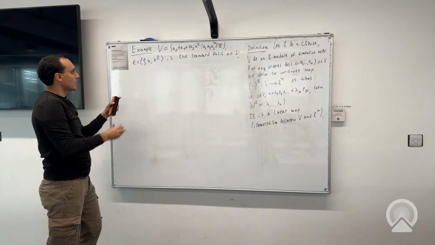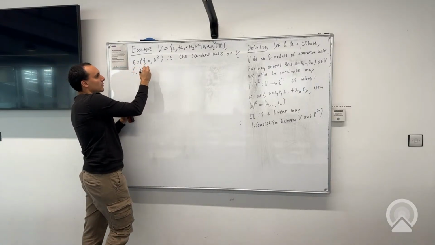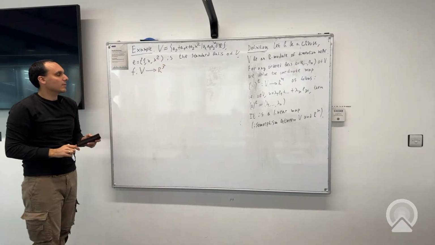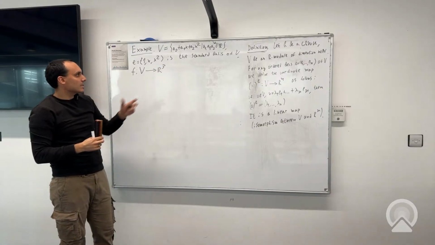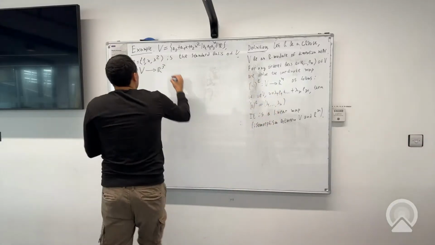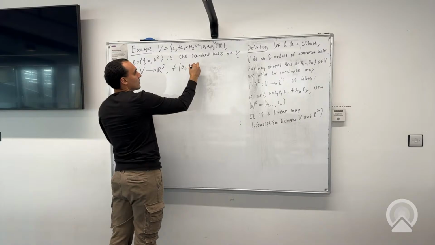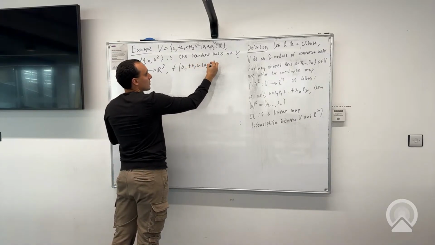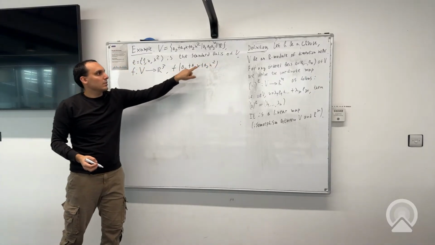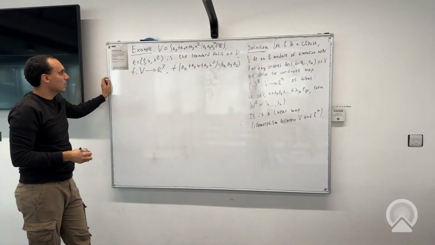And we can map a polynomial to a triple. So a square polynomial is in some sense equivalent to a triple of numbers. So f of a0 plus a1 x plus a2 x squared is a0, a1, a2.